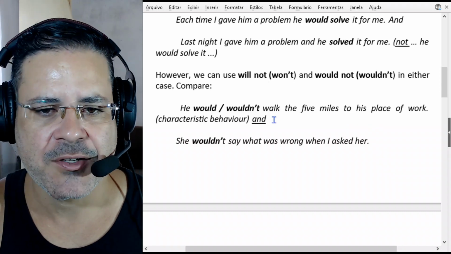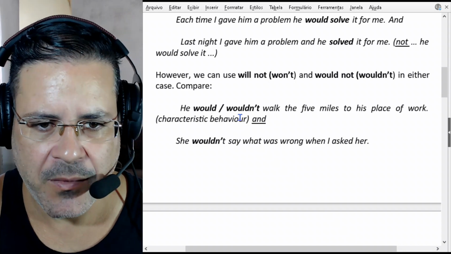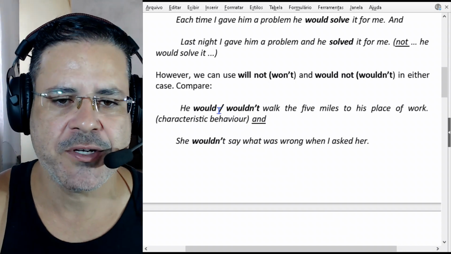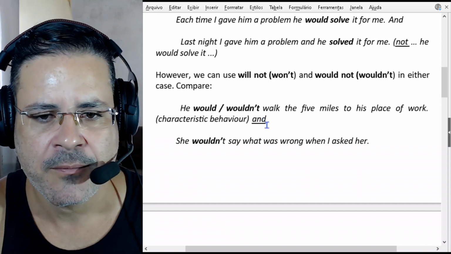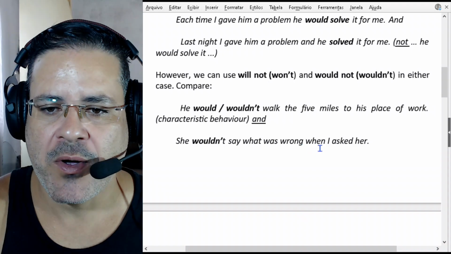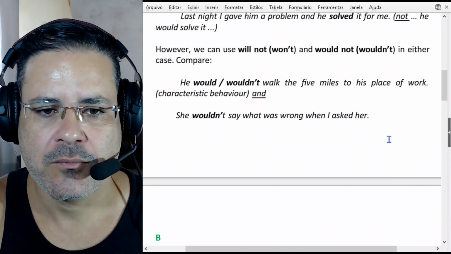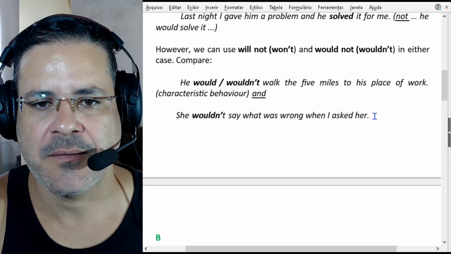This is in the negative form. We're talking about characteristic behavior, both in the affirmative and in the negative. And now, she wouldn't say what was wrong when I asked her.